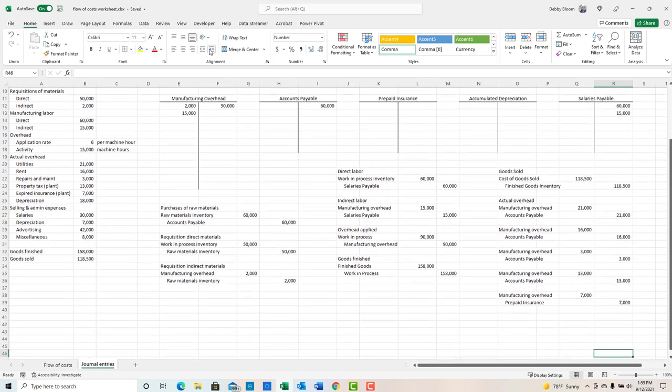And finally, for our depreciation, instead of debiting depreciation expense because it's overhead, we're going to debit manufacturing overhead for the $18,000 and credit accumulated depreciation.